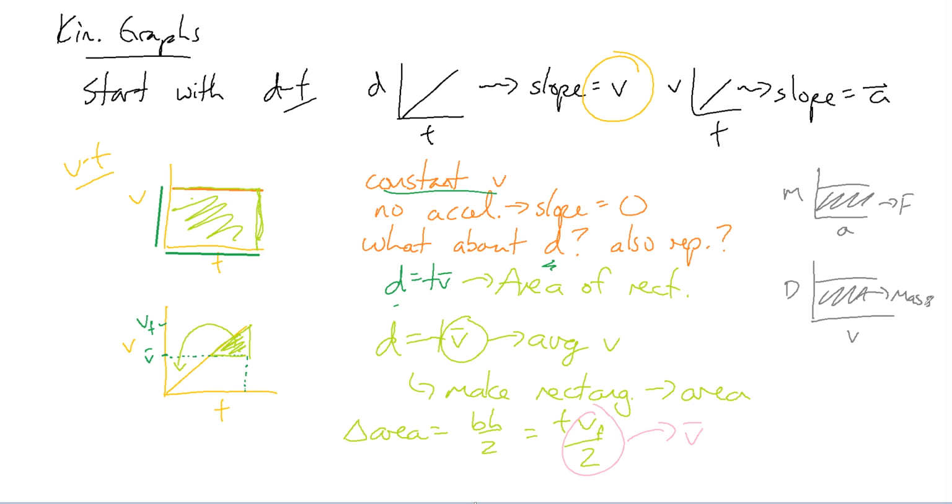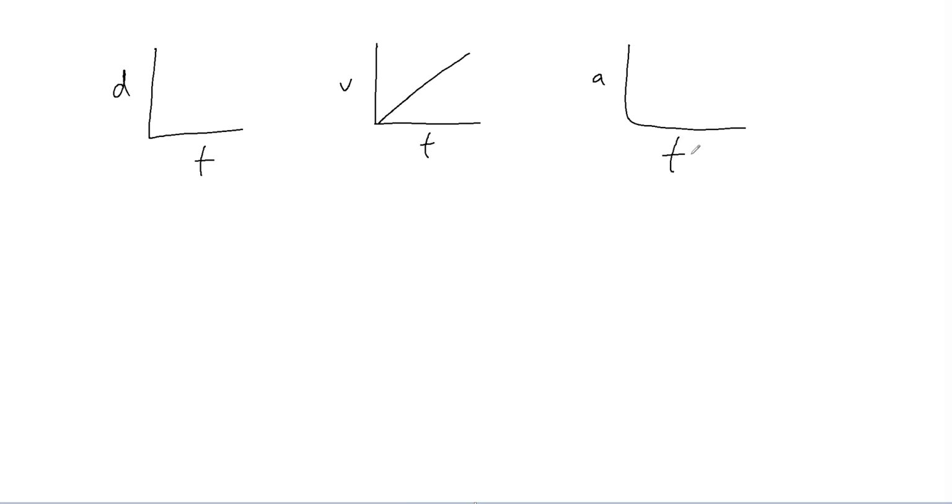Okay, so let's show you some other stuff with this as well. So I'm just going to draw another little graph here. I'm going to draw a VT graph in the middle, and we're going to do something like this. I'm going to draw it in the middle for a reason, because over here I am going to draw a DT graph, and over here I'm going to draw an AT graph.